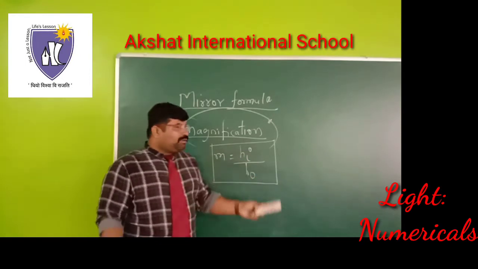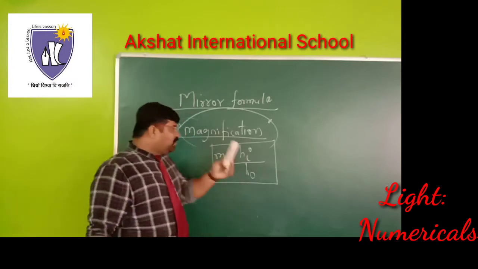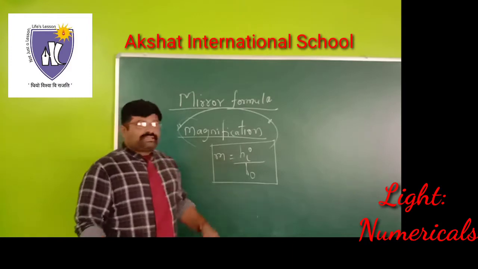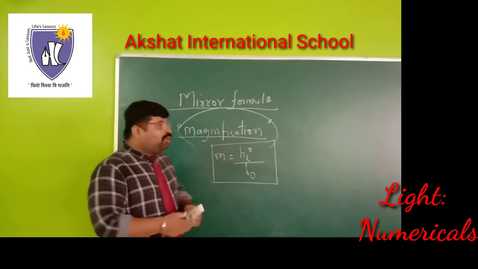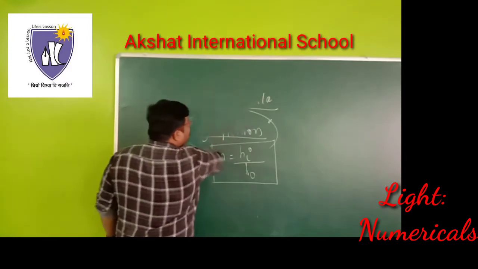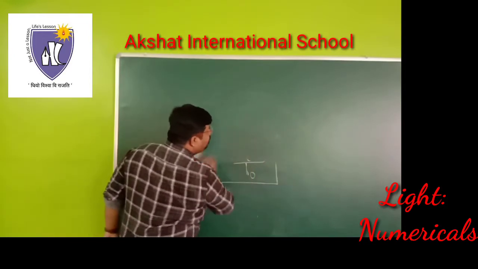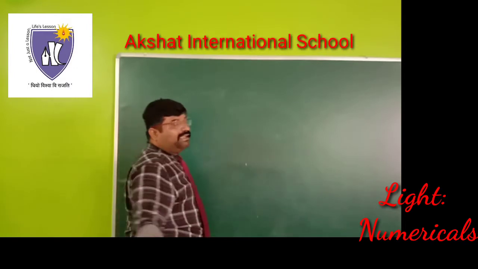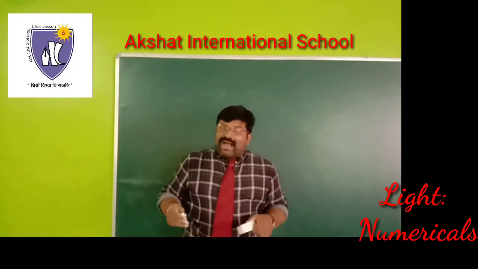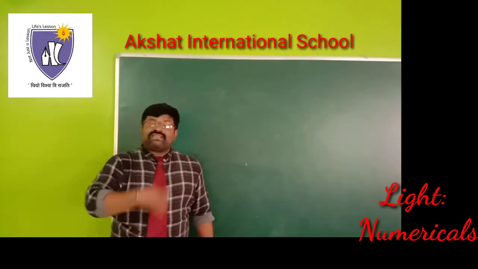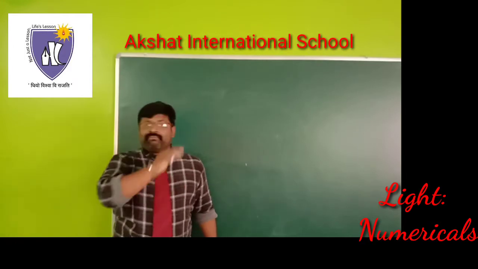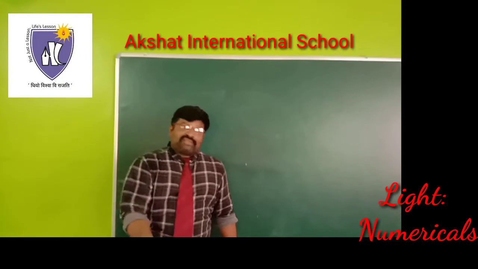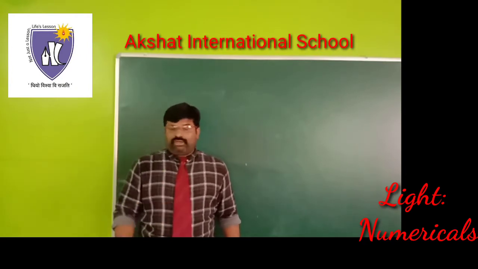But I am not talking about this one as being very important. This is a simple formula and anybody can learn it. What I want to discuss is this: if the magnification of the image is given, how can we identify whether the image formed is a real image, a virtual image, an enlarged image, or a diminished image?